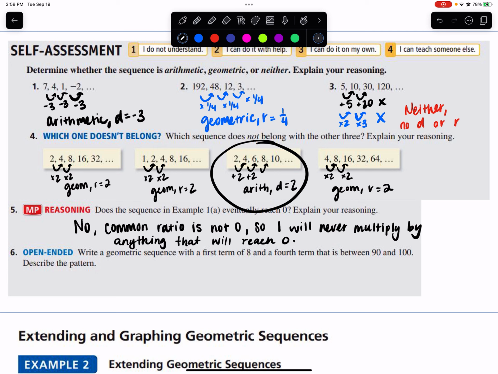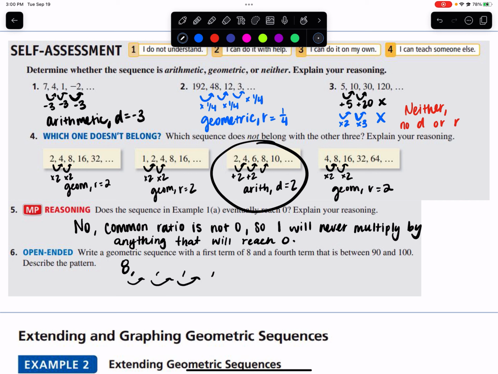All right, and then number 6, you would have all had different answers for this one, but writing a geometric sequence with a first term of 8 and a fourth term that is between 90 and 100, you would want to have your starting number be 8, and you would be wanting to multiply by something just perfect so that this fourth number is between 90 and 100.